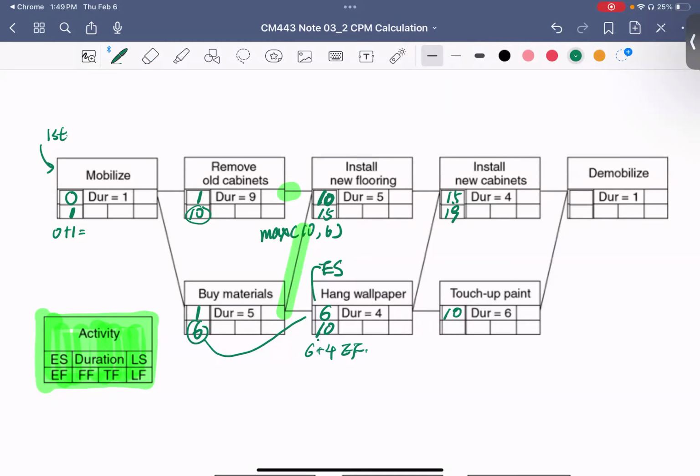Why do you think it's 15? Oh wait, no, I'm sorry, he's right. Yes, because there's no length that comes from the floor into here. So here is 10, and then this one will be 16, right? Yes, sir. Good.